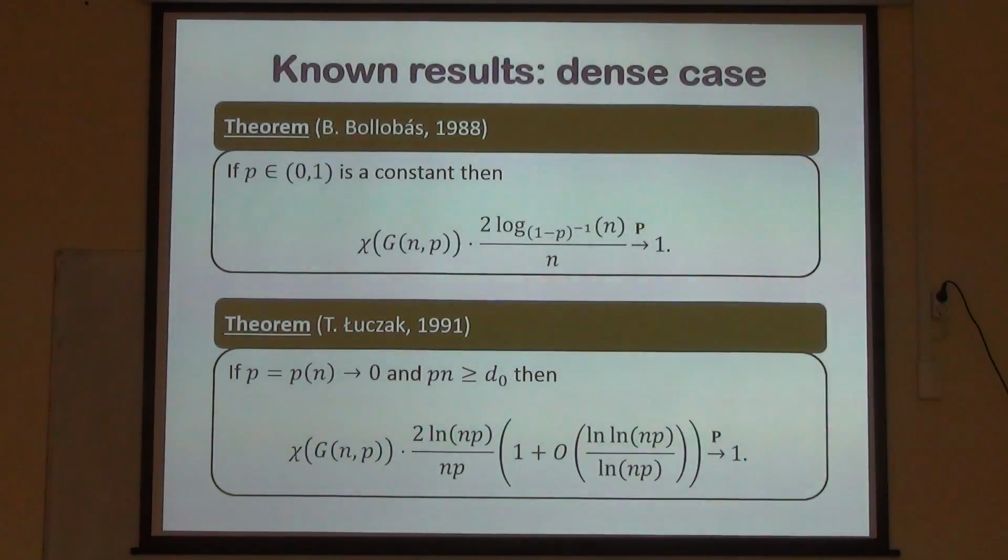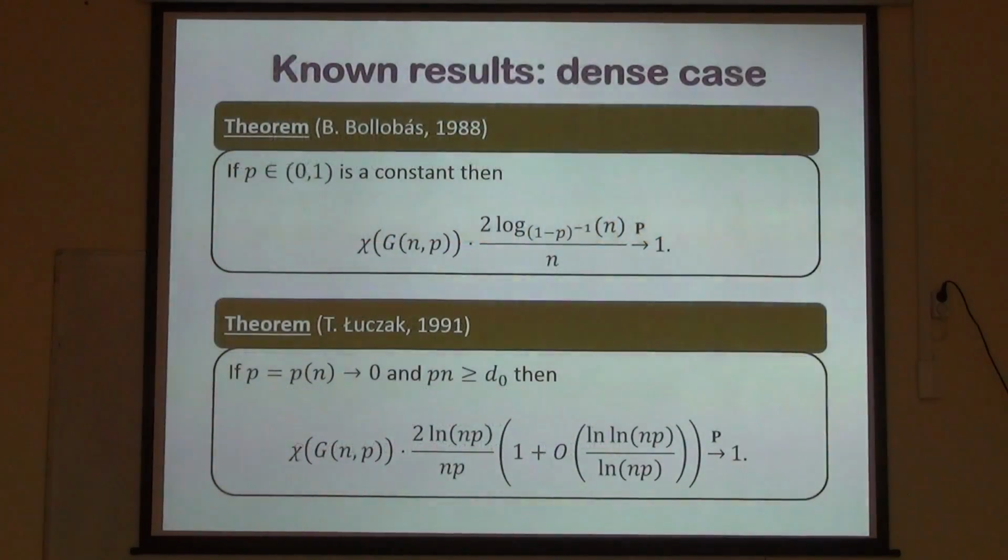The remaining values for the dense case were covered by the theorem of Tomasz Łuczak. He proved that if p tends to 0, but np is not small, greater than some constant, then we have this asymptotic representation, which means that even if np tends to infinity, this ratio is 1, and we have this law of large numbers, np over 2 log np, for the chromatic number.